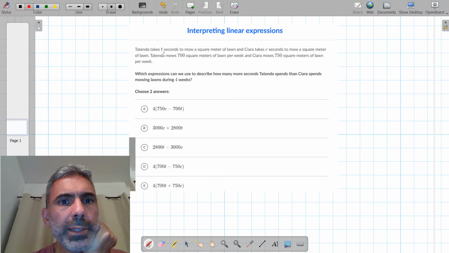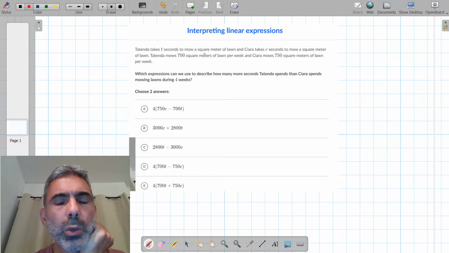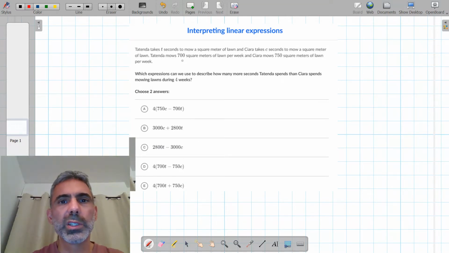Tatenda takes T seconds to mow a square meter of lawn, and Ciara takes C seconds to mow a square meter of lawn. Tatenda mows 700 square meters of lawn per week, and takes T seconds to mow a square meter of lawn.